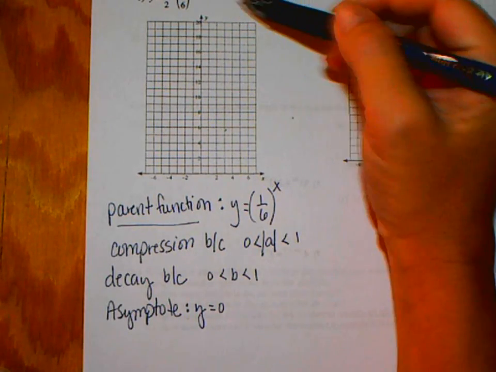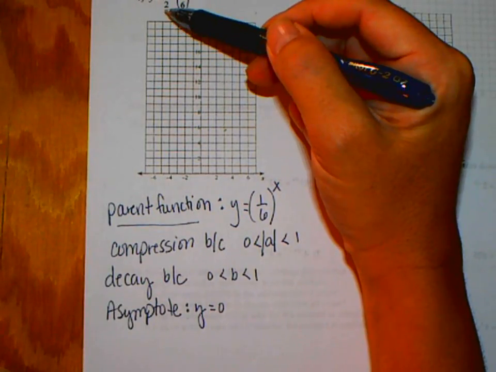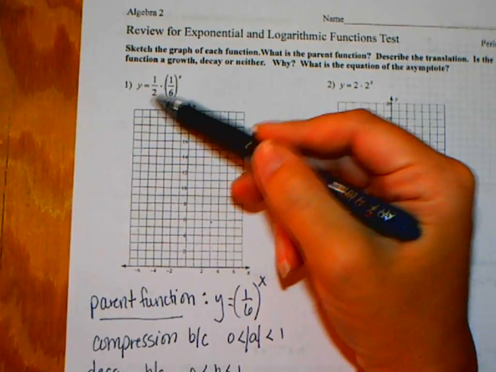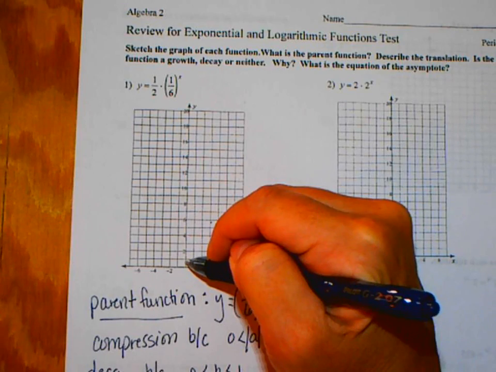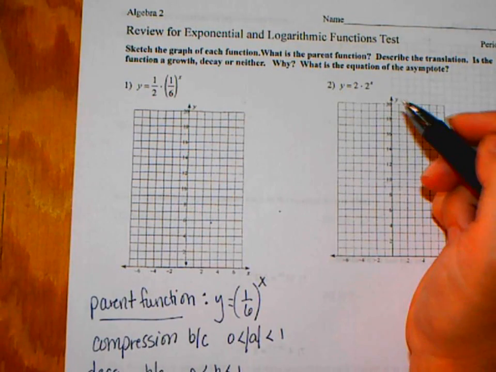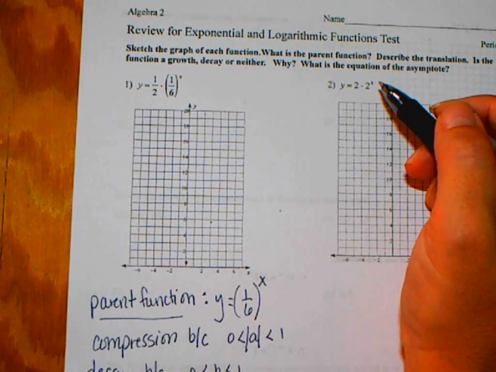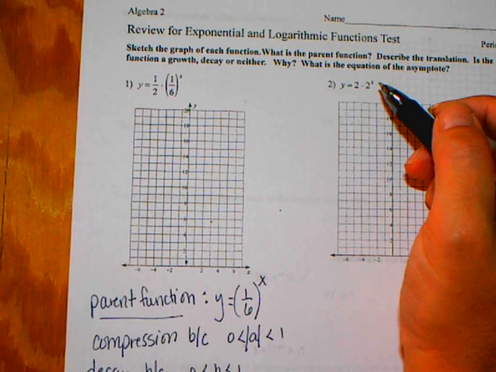Remember, if h and k are both 0, which they are, your y-intercept is going to be whatever a is. So it's going to be at 1/2. And we can also plug that into a little table of values and find that as well if we forget that rule. But if you have a number for h or k, then a is not going to be your y-intercept. So make sure you remember that.